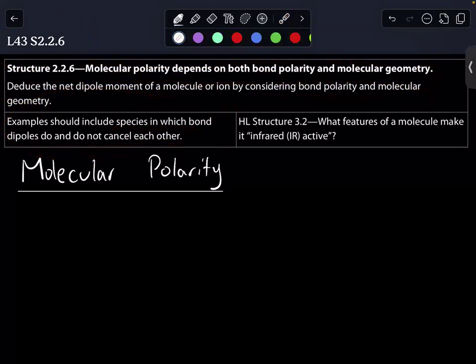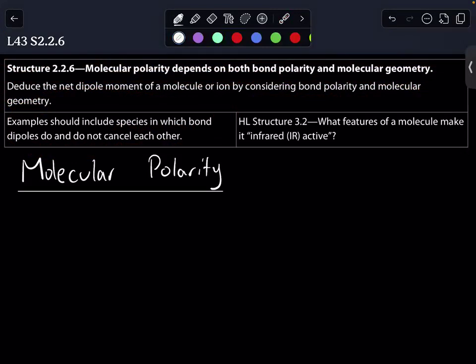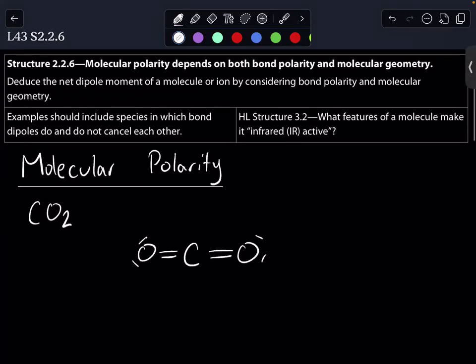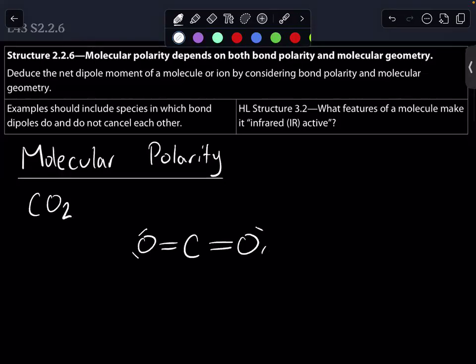So, with that said, to talk about molecular polarity, we should start by considering CO2, carbon dioxide. And you need to be able to draw the Lewis structure to really determine polarity, but it looks a bit like this. Now, if we recall from our last lesson and we discussed bond polarity, we found that oxygen, being the more electronegative species, becomes partially negative, with carbon becoming partially positive here.